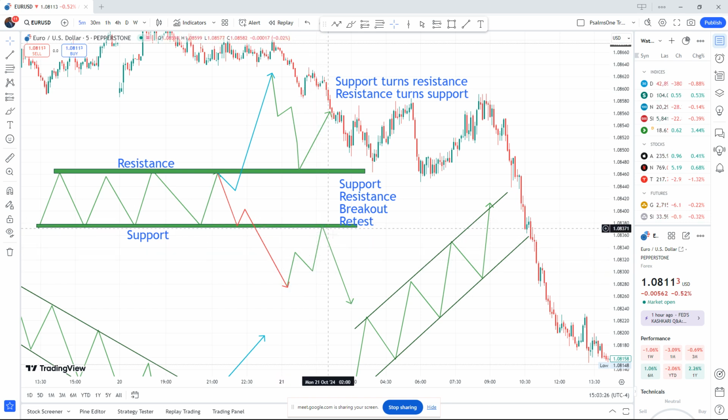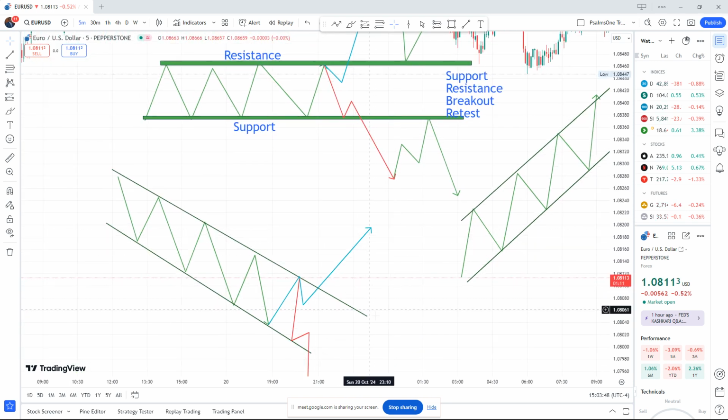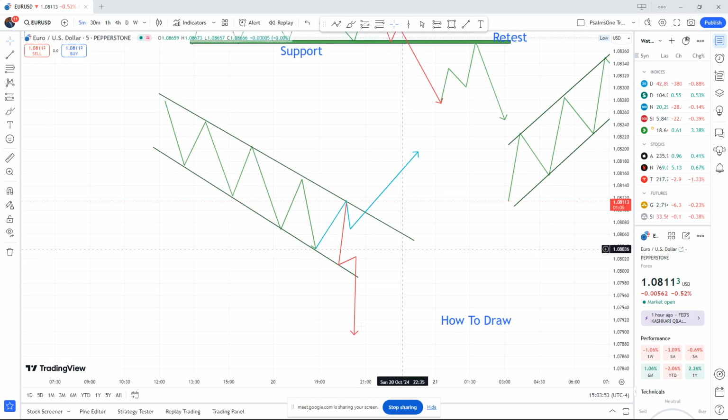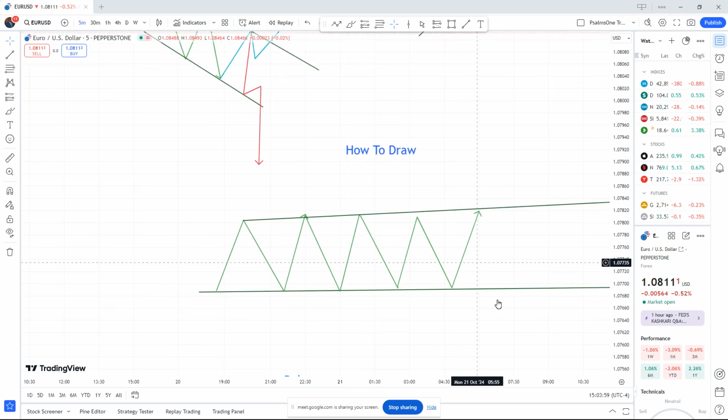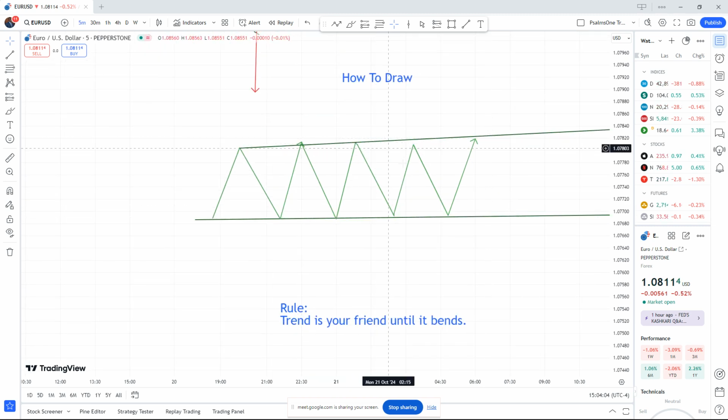Same for support: once support is broken towards the downside, whenever price rises back to the previous support level, we call it a test. This usually happens after a real breakout, and the same applies to the diagonals.